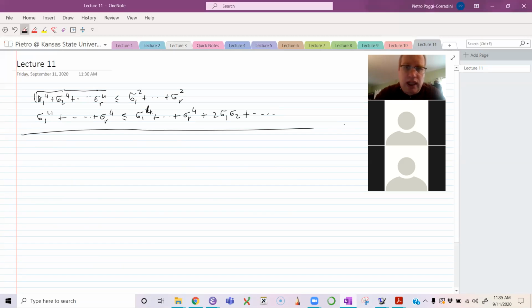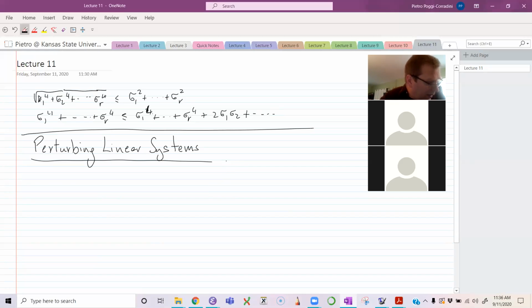So let's start on chapter 2 now from the book, which talks about perturbing linear systems. Again, we're going to have to review a little bit of matrix theory. So in matrix theory, we often set up a system of equations in this general form, Ax equals b, and then you want to solve for x.